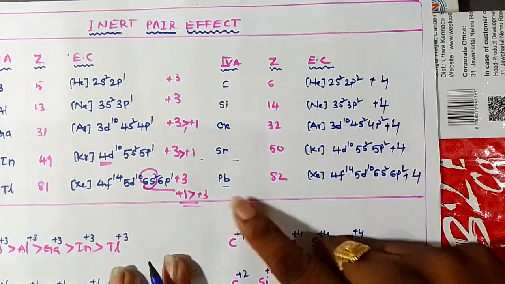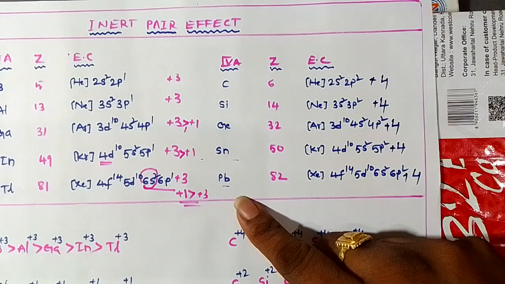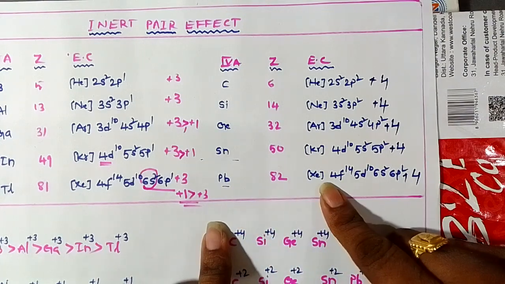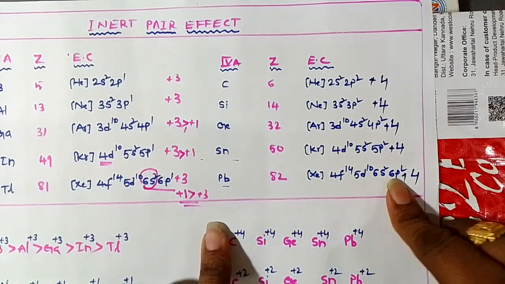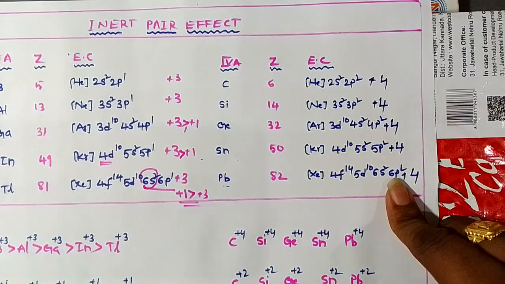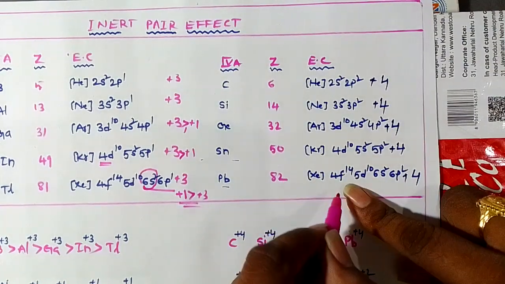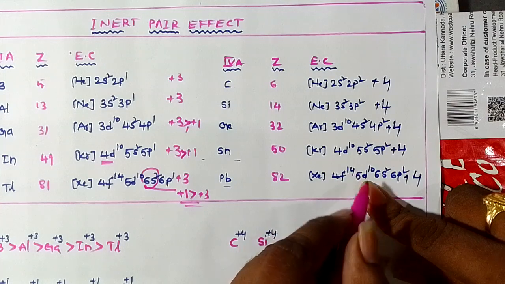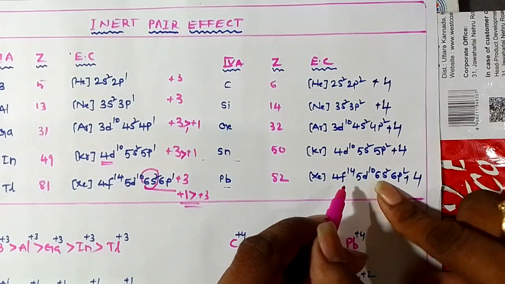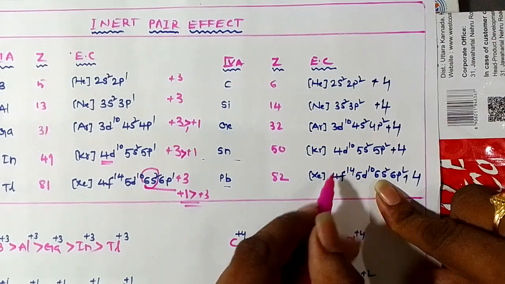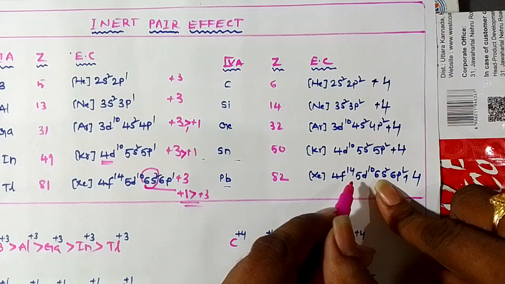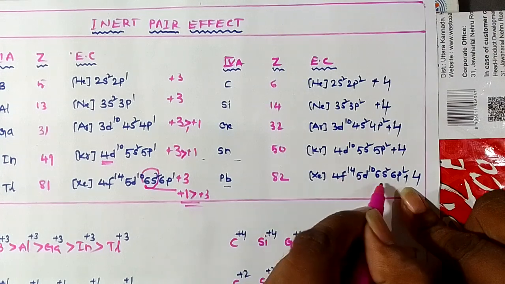Now coming to lead. The electron configuration of lead is xenon 4f14 5d10 6s2 6p2. Now it contains f and d orbitals. Already you know that f and d orbitals are poorly shielding orbitals. That's why, due to poor shielding of f and d orbitals, they cannot screen the nucleus force of attraction from falling on valence orbitals.